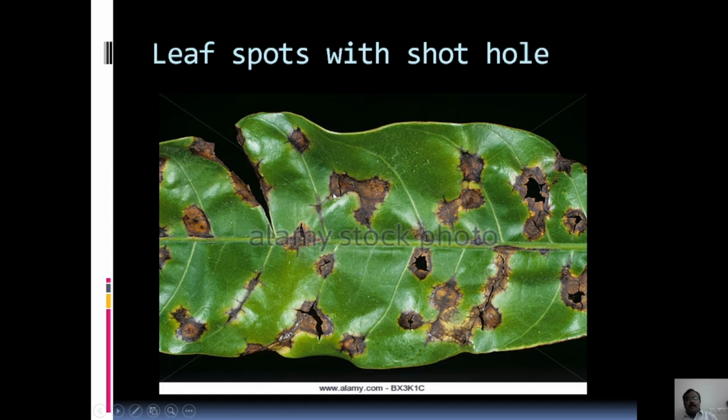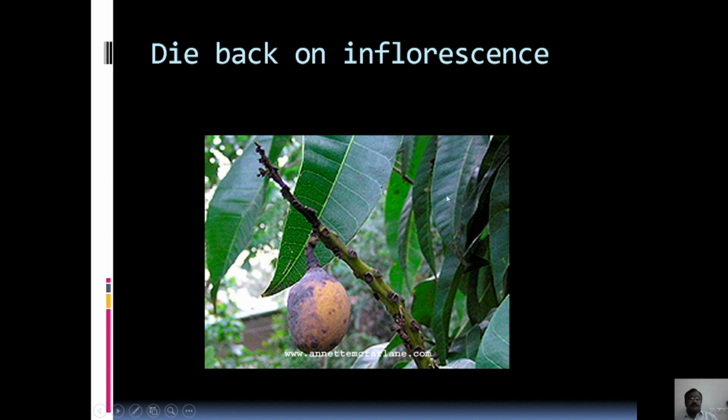This is the typical anthracnose leaf spot, with circular or irregular black spots produced on the leaves. Later, the middle portion may fall off, leaving a shot hole symptom in the affected leaf portions.